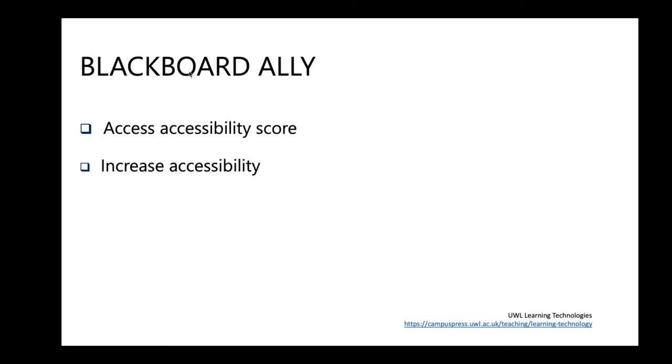Now with Blackboard Ally, there isn't much to discuss because it mainly runs in the background to help you generate what are called the alternative formats of content that you submit. Say you upload a Word document, it will generate a PDF version, an electronic publication, maybe an audio file based on the written content within the document.